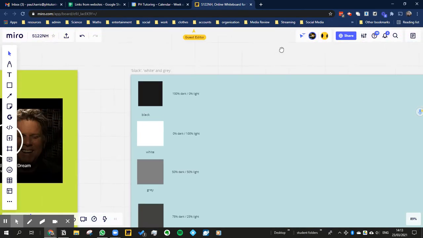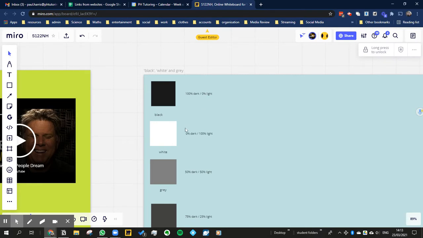So white, first of all, reflects 100% of the light that is shined on it. If you shined light onto a white object, then all the light that is shined onto it reflects right off it, and so you see something that is white. And if you shine light onto something that is black, then all the light that you shine onto it is absorbed into it.